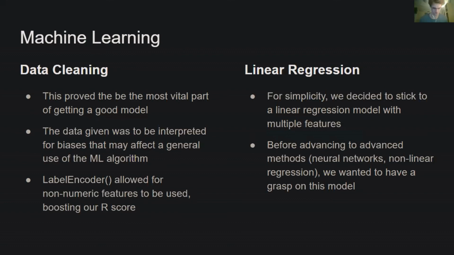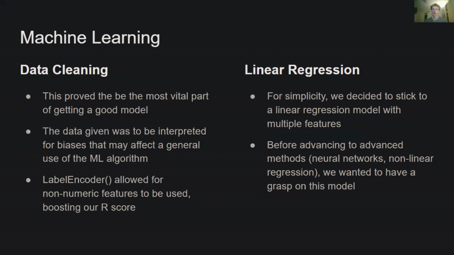We had to look over the description and figure out how to sift through the data, find biases and things like that. Another hurdle was translating all the features into numeric values for the linear regression. The label encoder was especially useful as it automated the process for us.